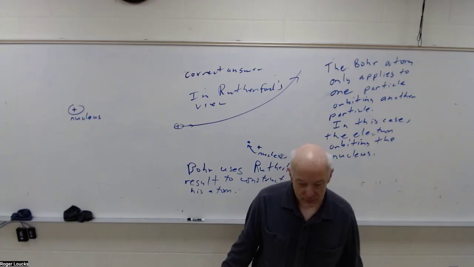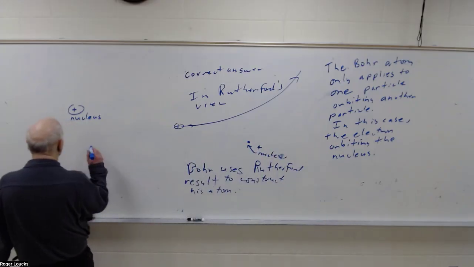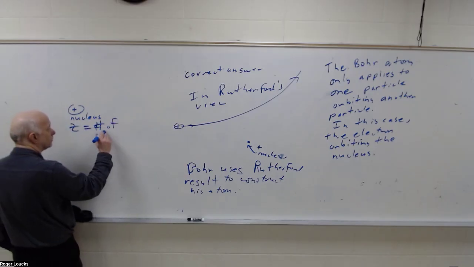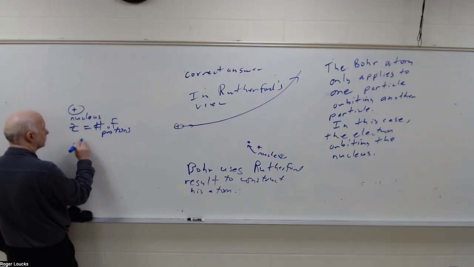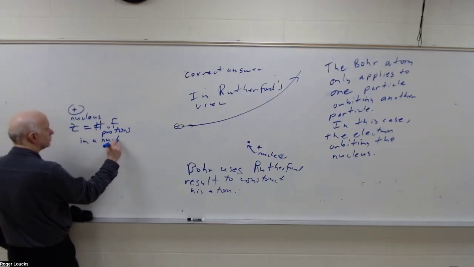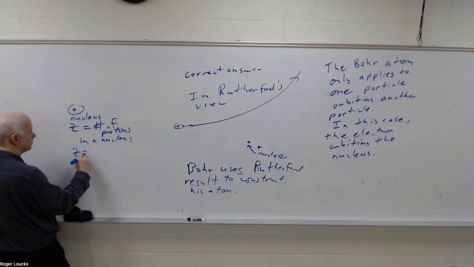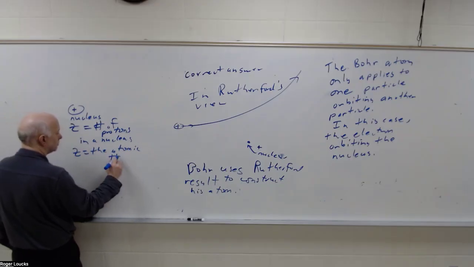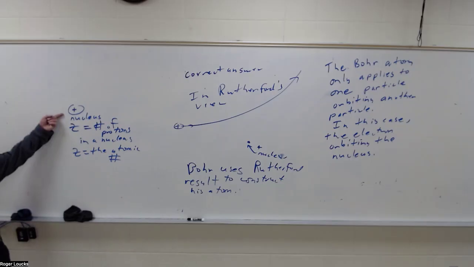Z. Right, the atomic number. So Z is your number of protons in the nucleus. Z is your atomic number. Okay, so here's your positive thing here.